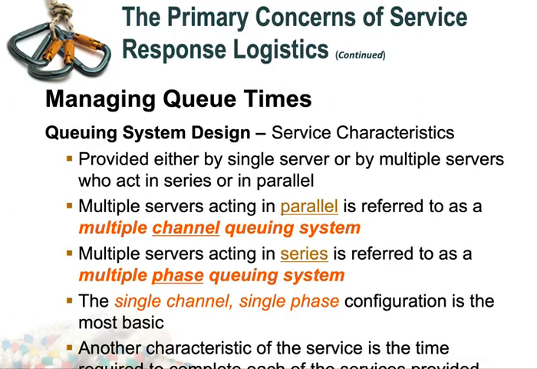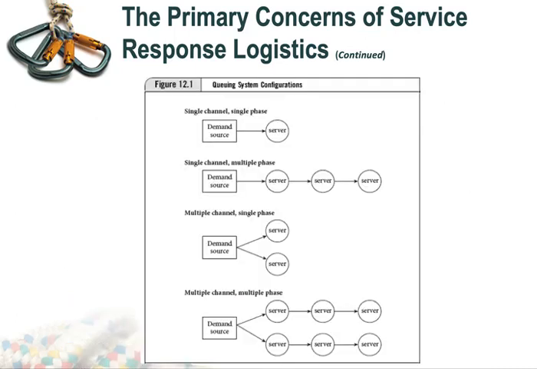The single channel single phase configuration is the most basic. It is usually one operator, one process. Especially if you go to small shops, this is a single channel and a single phase. And this is an illustration to make it clear.